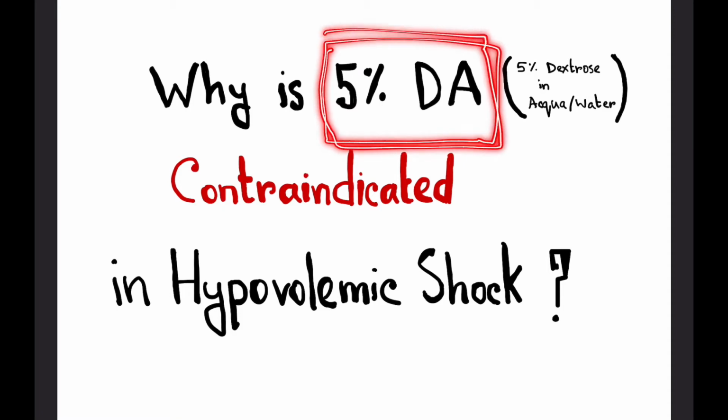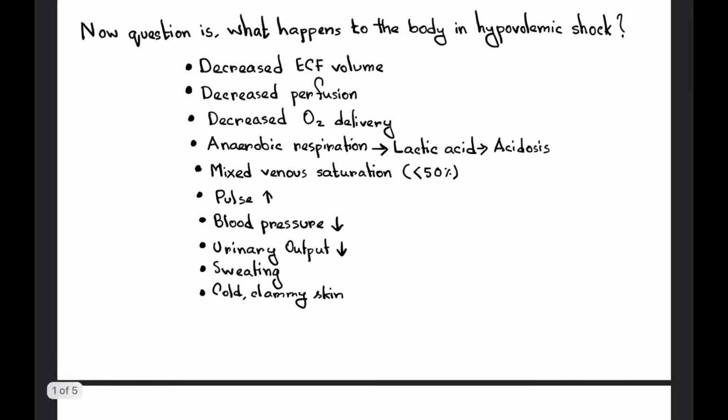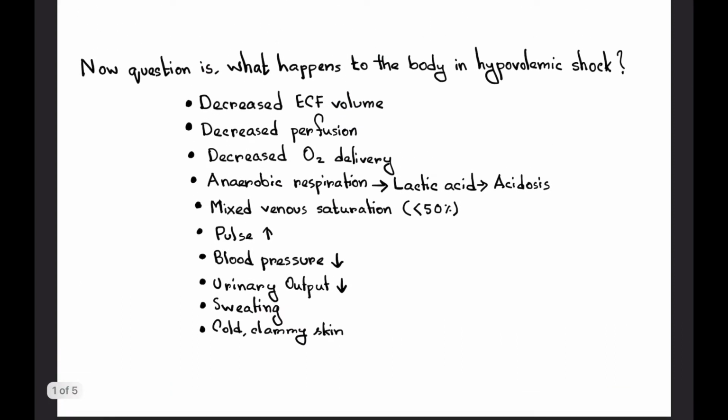To know that, we first have to know what happens to the body in hypovolemic shock. As it says, hypovolemic shock means hypovolemia has occurred. So there will be decreased ECF volume, so tissue perfusion will be less, and the decreased blood volume will deliver less oxygen to the tissues.